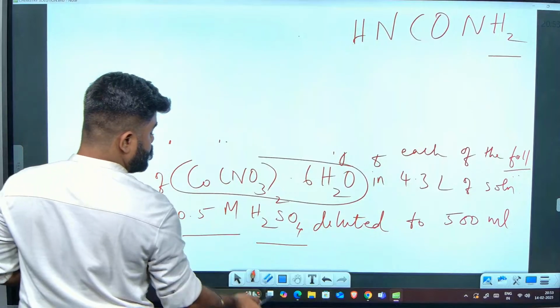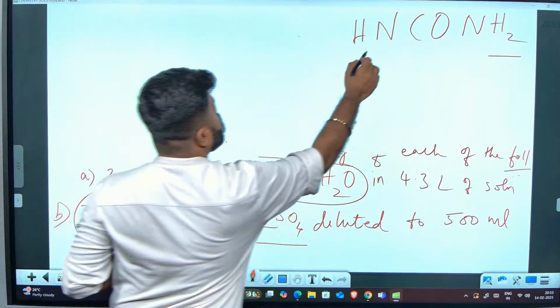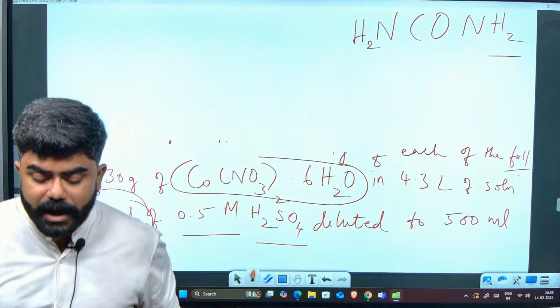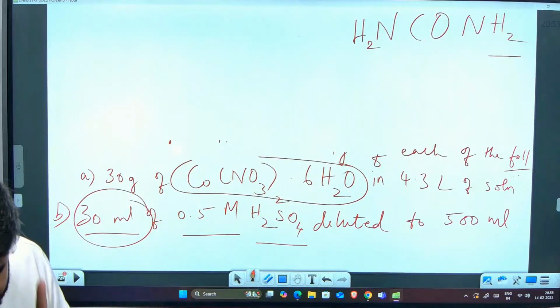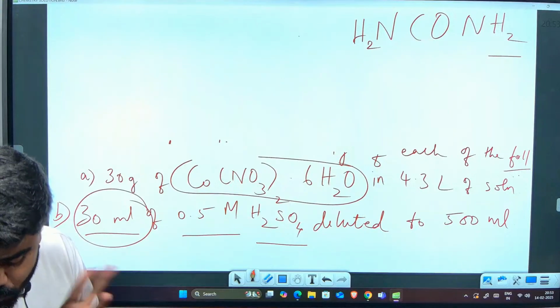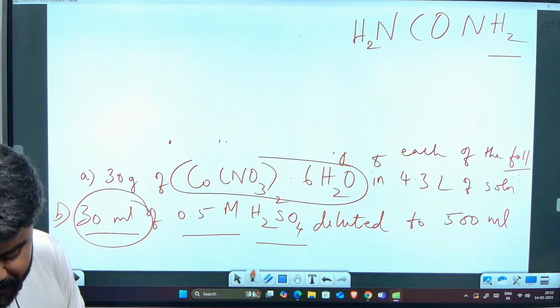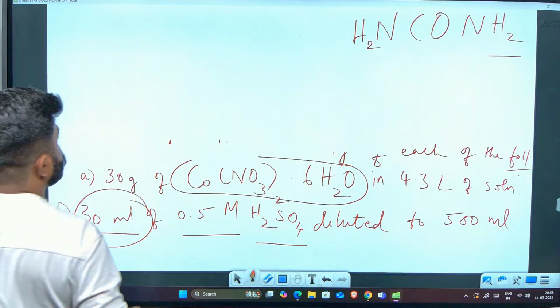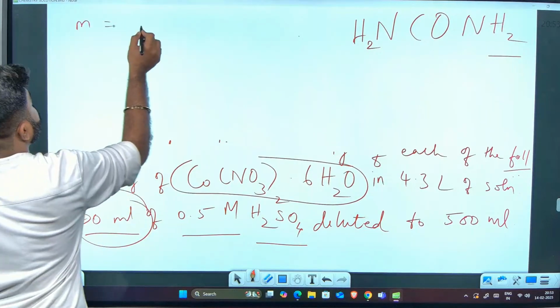Okay. So, tell me what is asked in the question. You are supposed to calculate the mass of urea that is required to make 2.5 kg of 0.25 molal aqueous solution. So, molality is equal to, what is the formula?